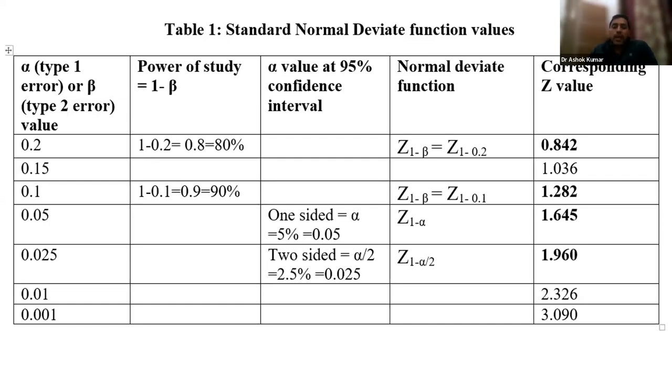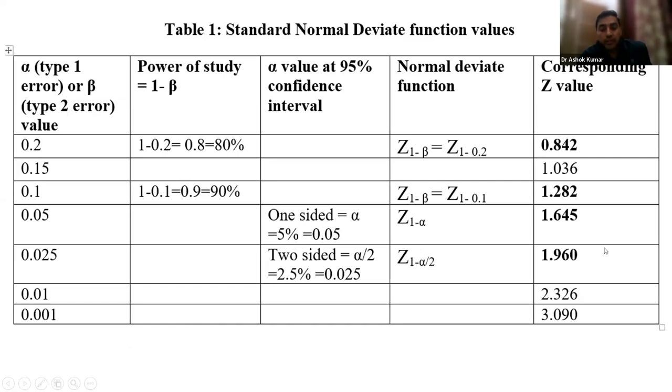If alpha is 5%, then in two-sided it is alpha by 2. It means 0.025, half of this 5%. And we have to write down here Z1 minus alpha by 2.